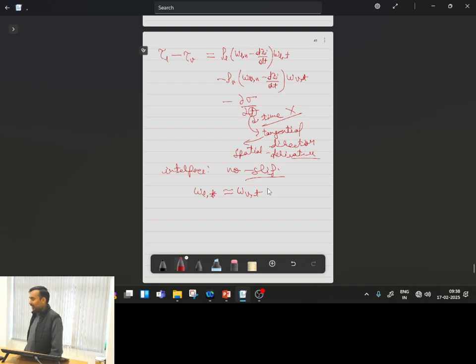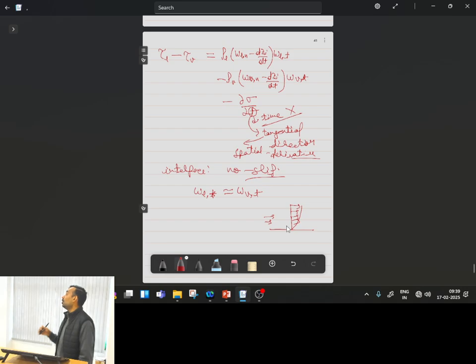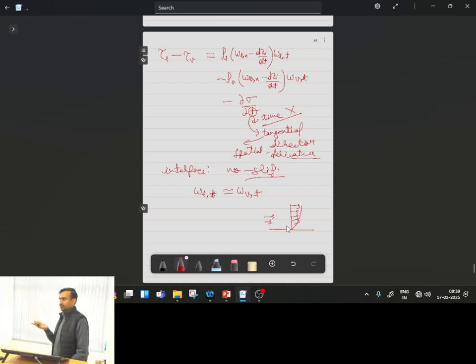Typically, if I consider water, and over the water wind is flowing, how will the velocity profile be? This is the stationary pool of water. Over this, if wind is flowing, I will find that at this point wind velocity will be 0, and above this it will keep on increasing. So typically at the interface between multiple fluids, the no slip condition also exists. That is the reason, at the interface, because of the no slip condition, I can say WLT equal to WVT.